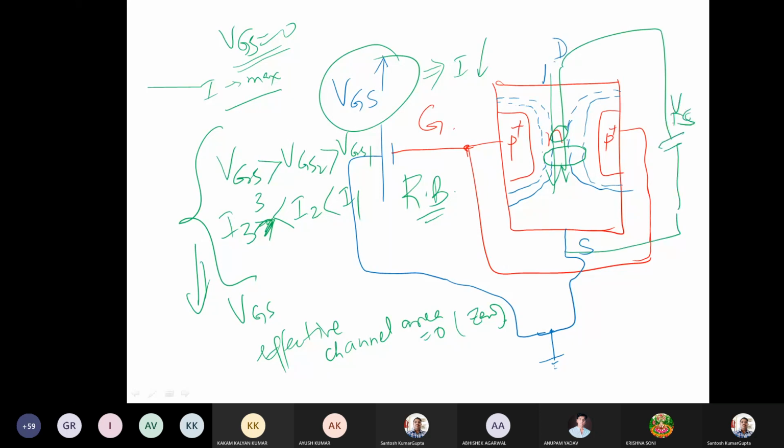We cannot make current flow across the drain and source. This particular value of VGS is called VGS off.